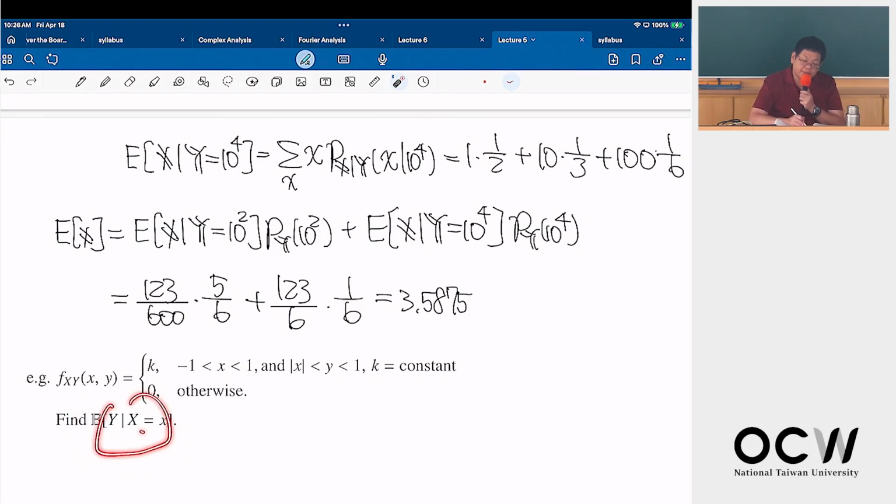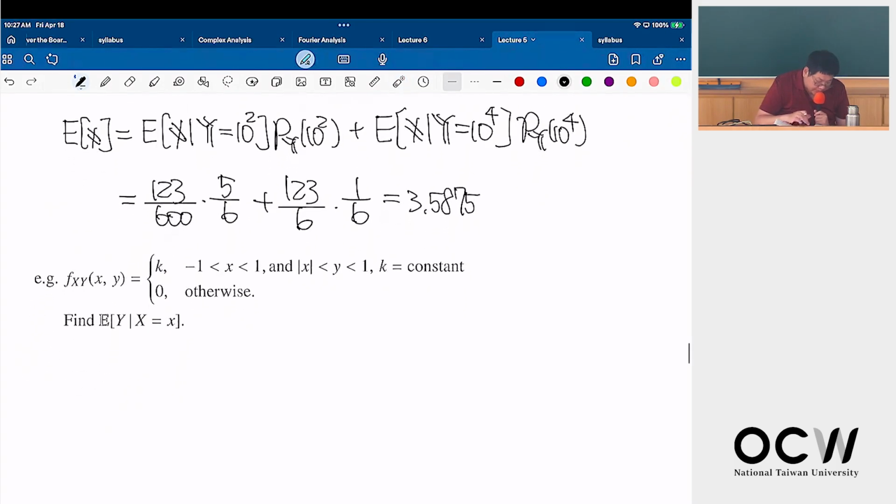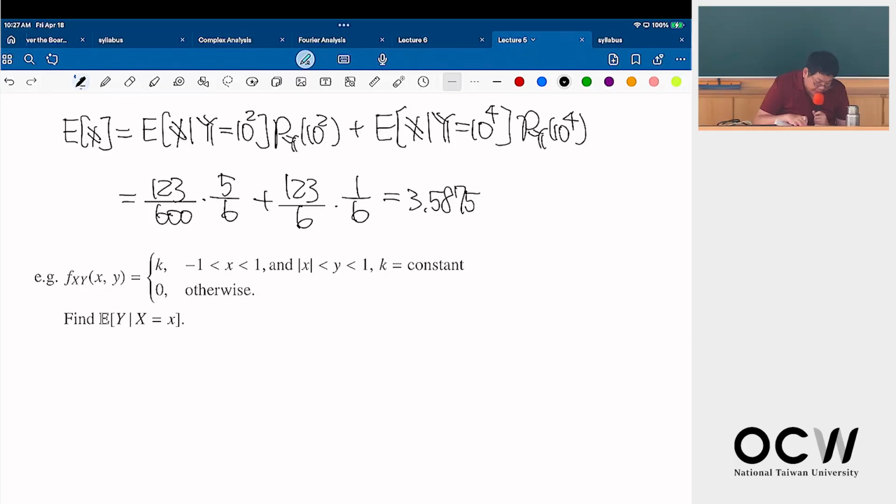So how do I find the conditional PDF? First, I have a k here. k is a constant. So what is k? For this joint PDF to be valid, we can find the constant k using the properties of the PDF.